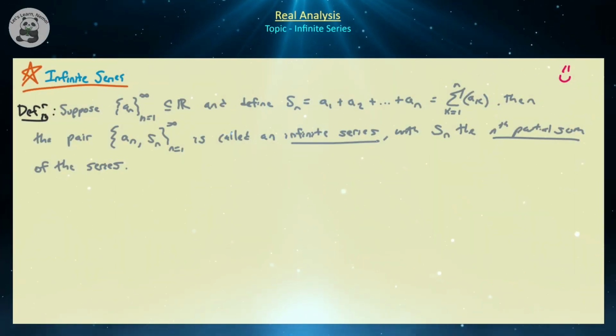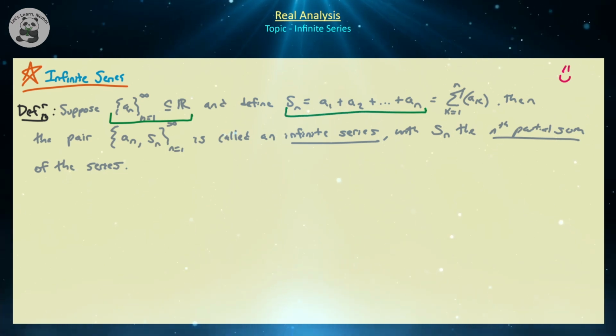Today we're going to be continuing our exploration of real analysis and introduce a very important mechanism known as an infinite series. So what exactly is an infinite series? We're going to begin with a real valued sequence, which we'll call a_n, and define a mechanism known as a partial sum.